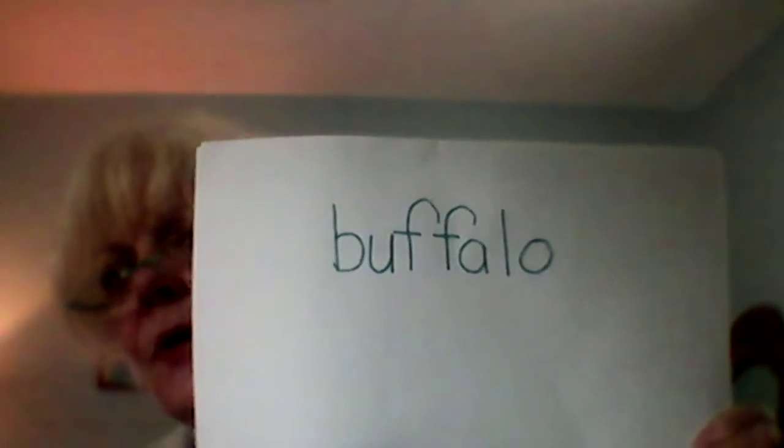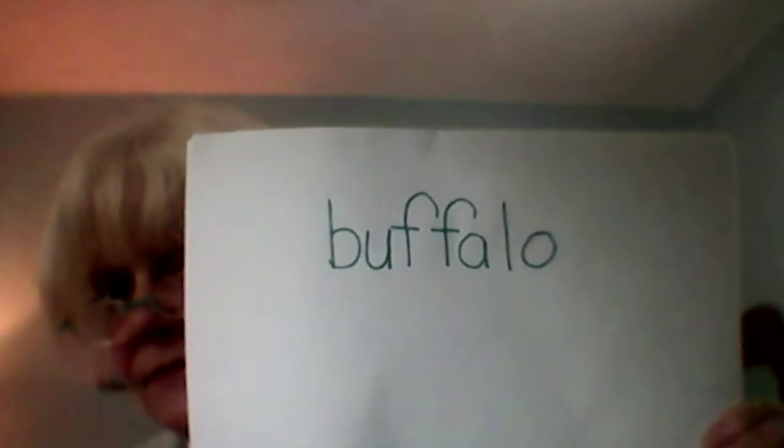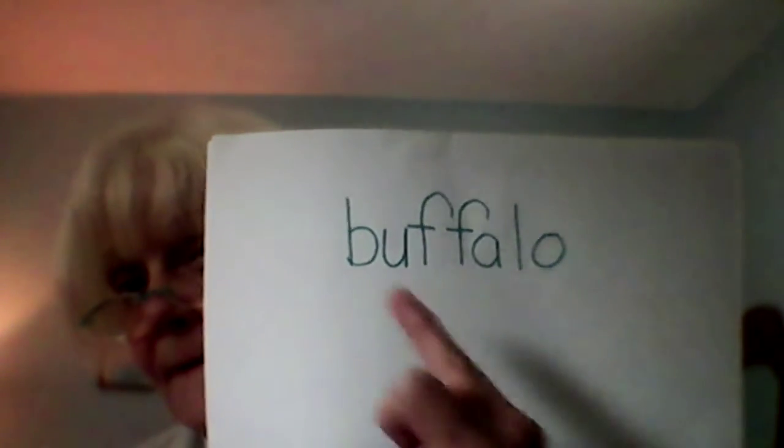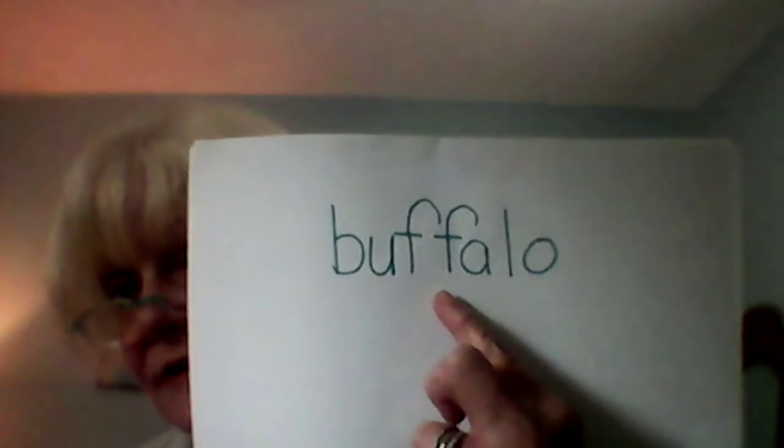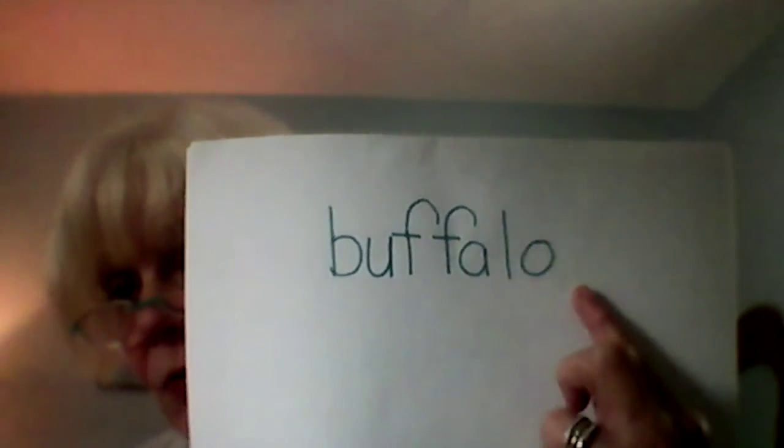This word, where would you break it apart for the first syllable? If you said between the 2 F's, you were absolutely correct. Buff, full, oh, buffalo. See? I've got more.